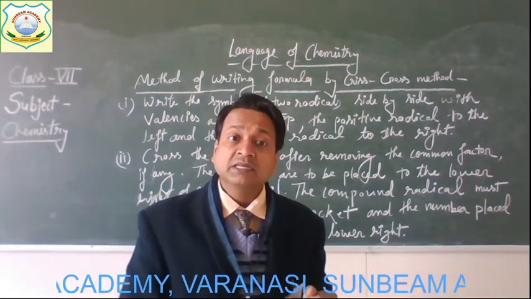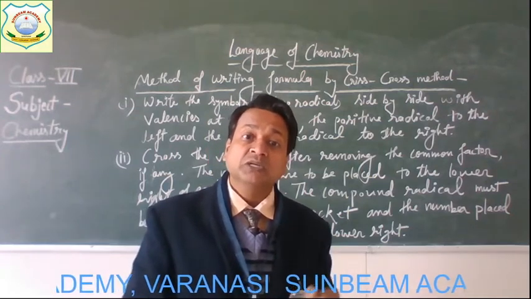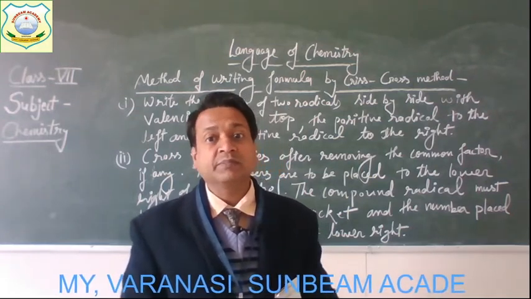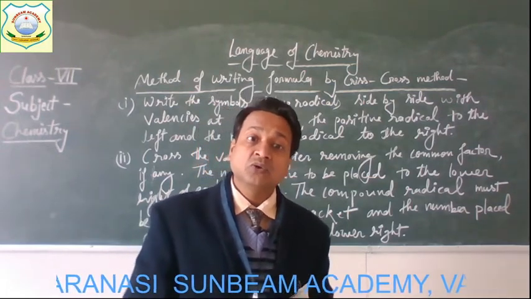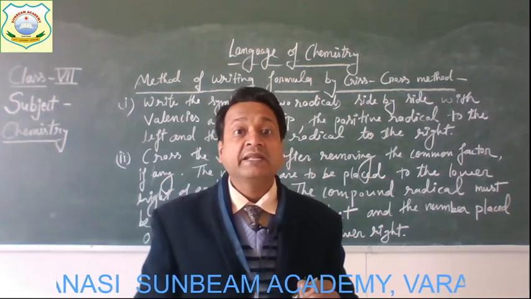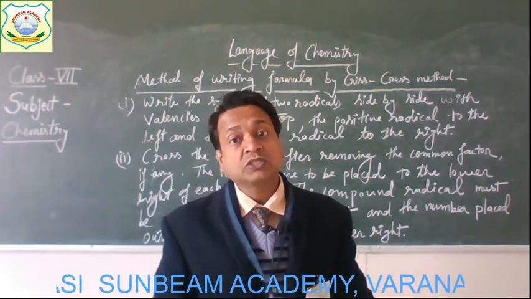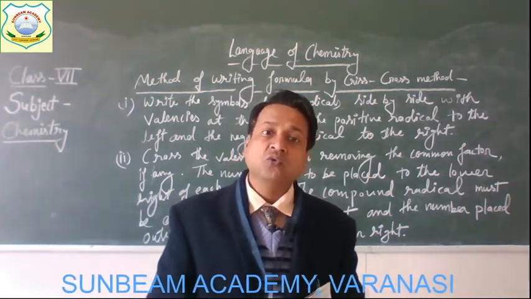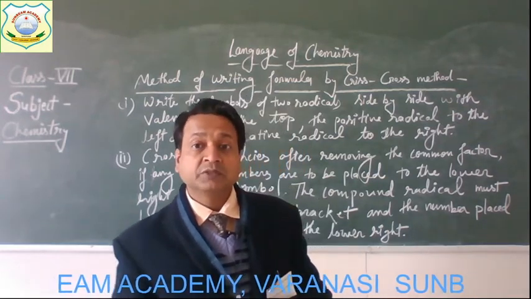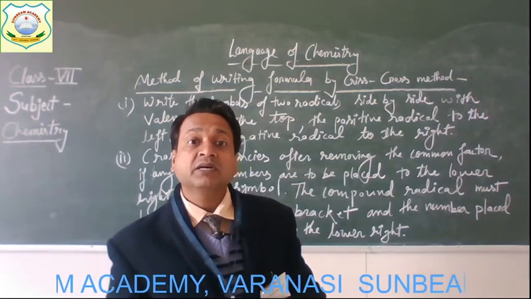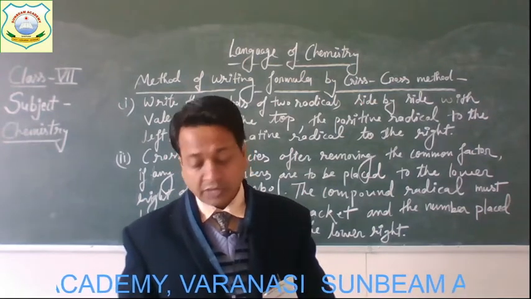The numbers are to be placed to the lower right of each symbol, and the compound radical must be enclosed within a bracket and the number placed outside the bracket to the lower right. Now we will discuss some examples.